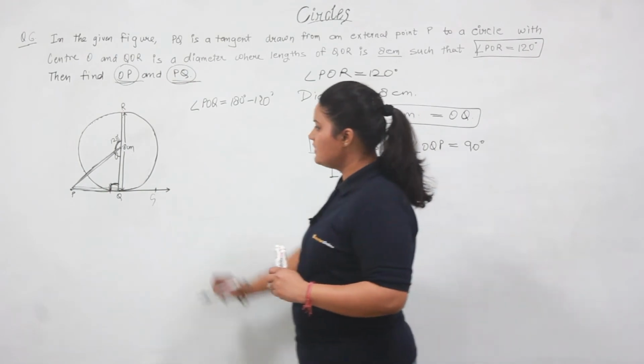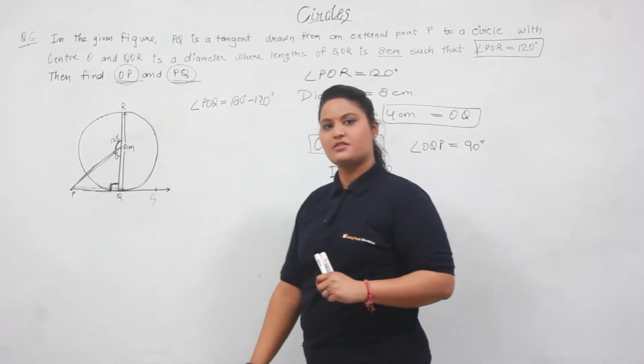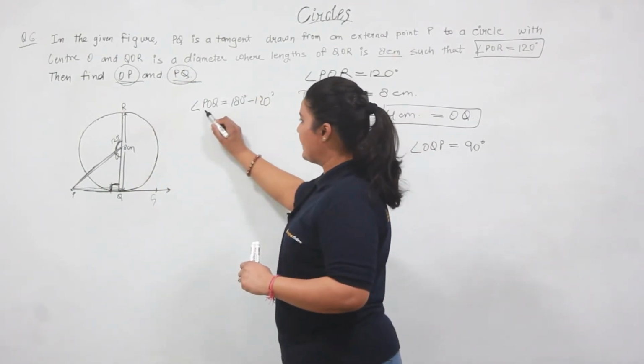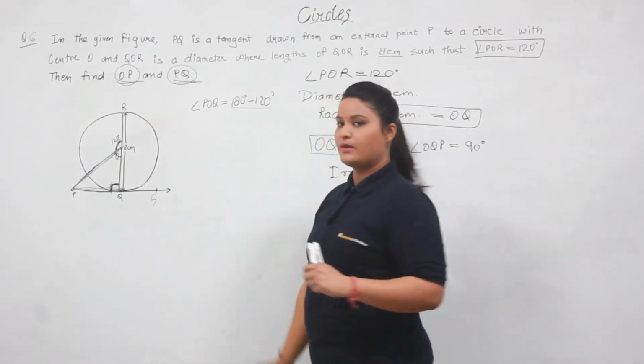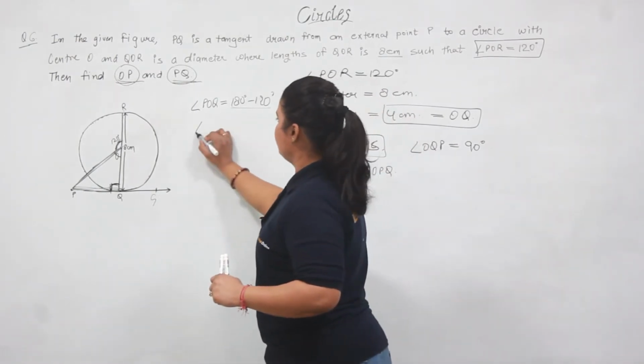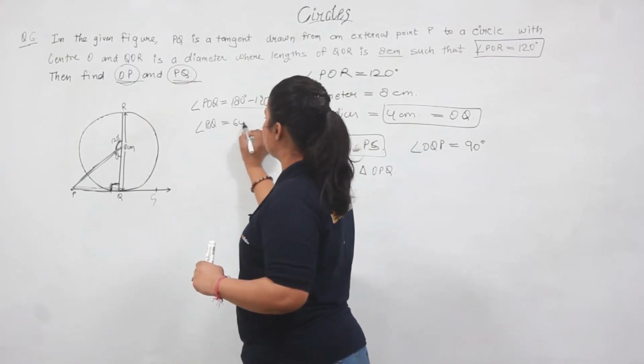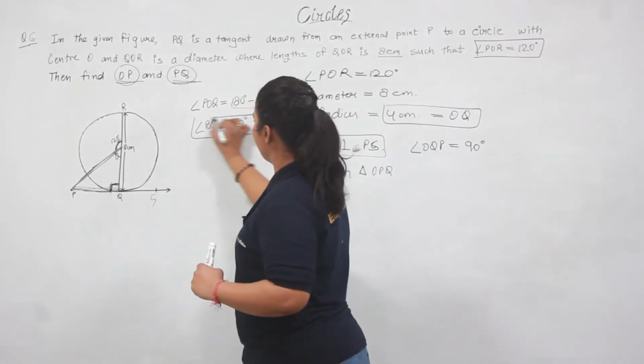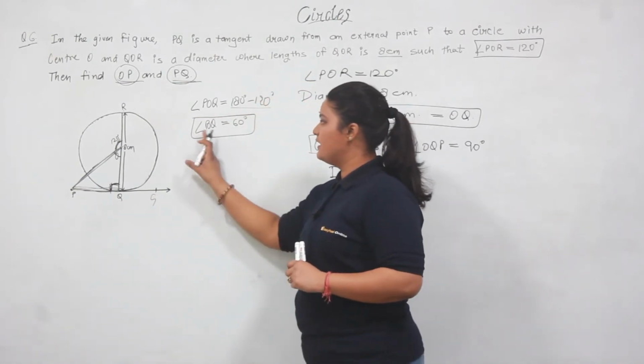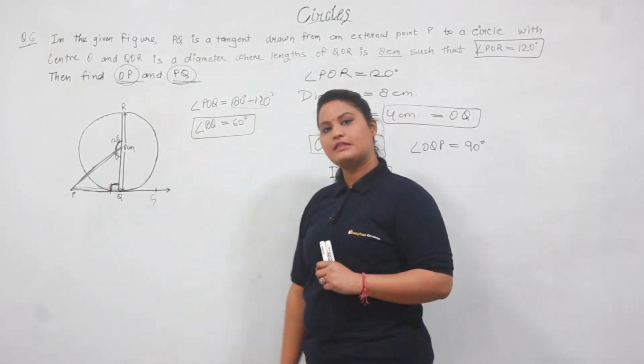Any doubts? Since QOR is a diameter and a straight line, that is why angle POQ is equal to 180 minus 120. It means angle POQ is equal to 60 degree. Now one more quantity I am having, that angle POQ is equal to 60 degree.